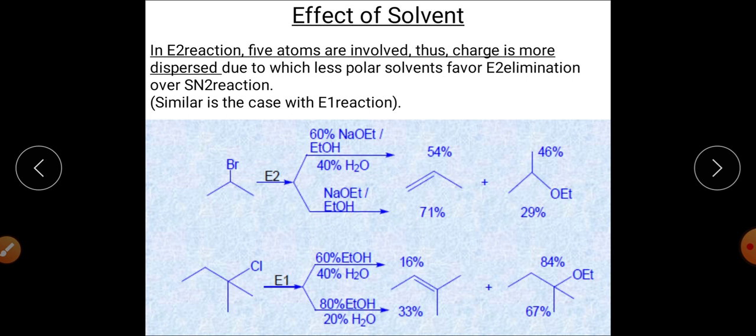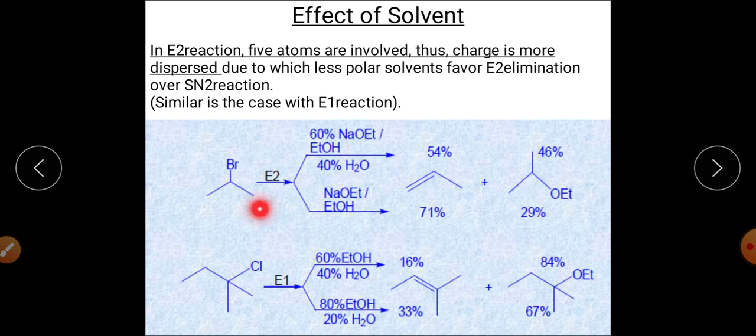In between these, for example, we are concerned about E2 and SN2. As you know, charge is more dispersed in the case of the E2 reaction, and because of that reason, a less polar solvent is going to favor E2 elimination as compared to the SN2 reaction, because of more dispersal of charge in the case of the elimination reaction.